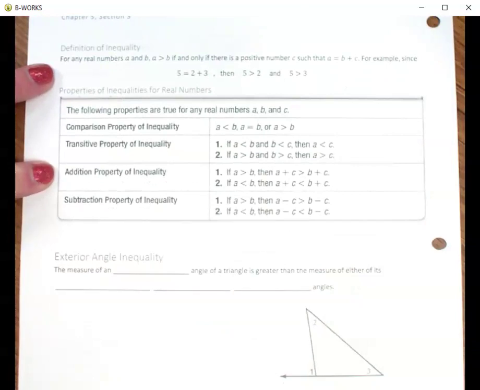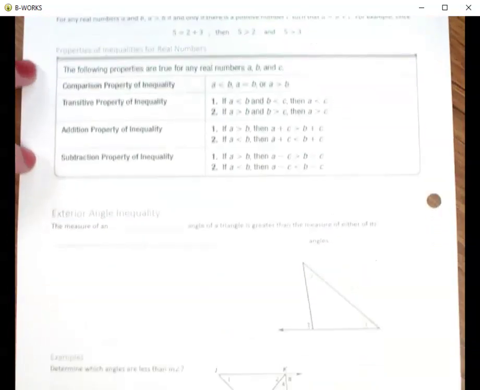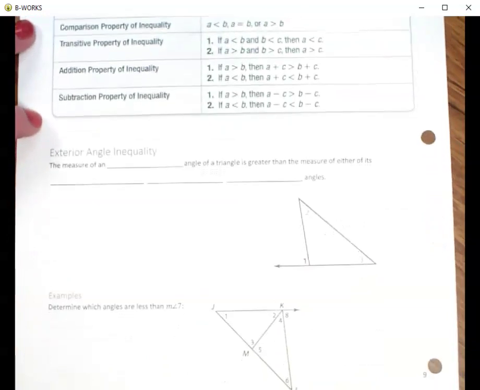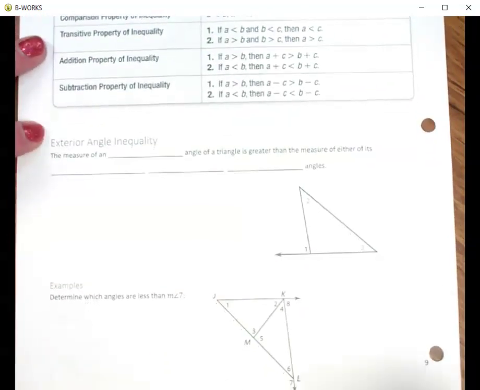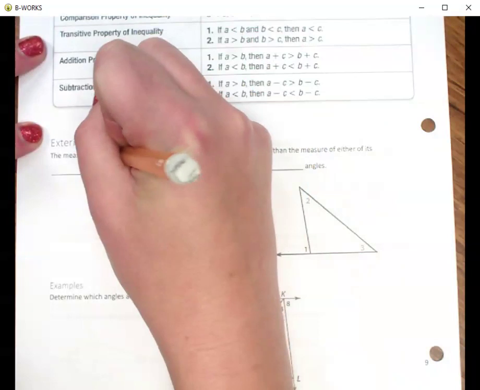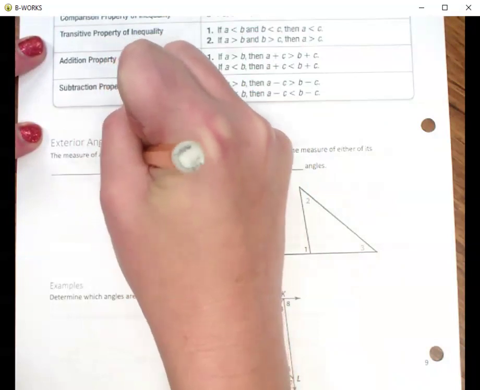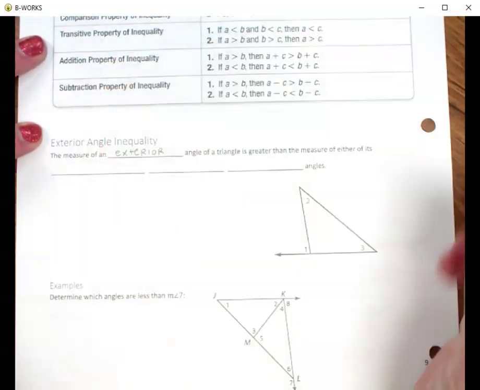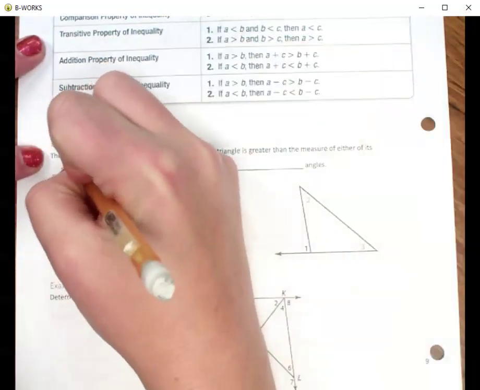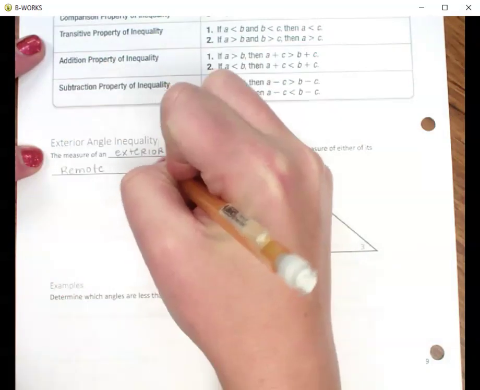But why this is important for us, here we're going to look at an exterior angle inequality. The measure of an exterior angle is going to be greater than the measure of either of its remote interior angles.